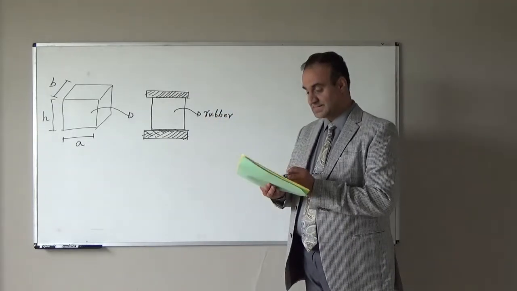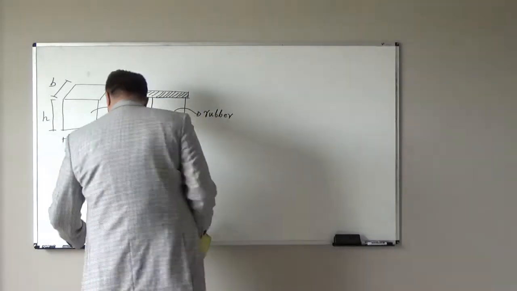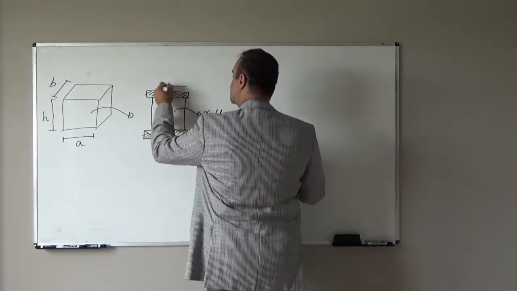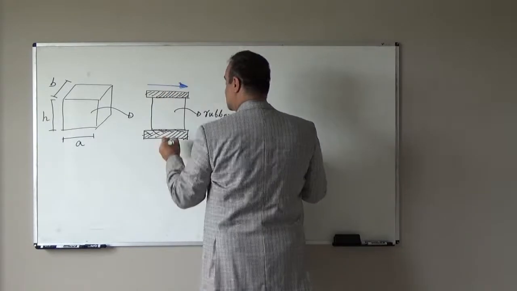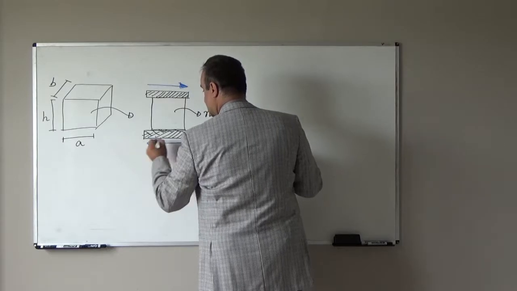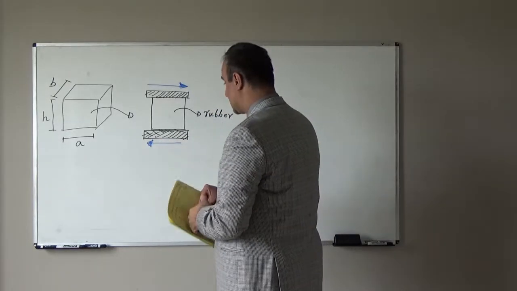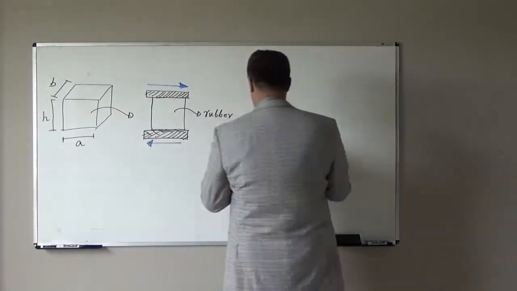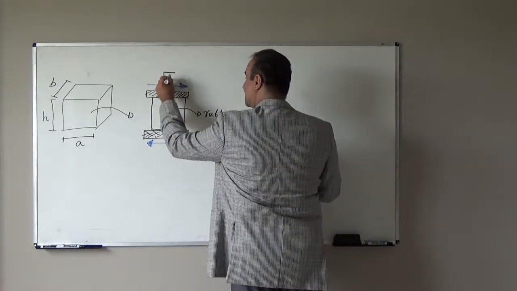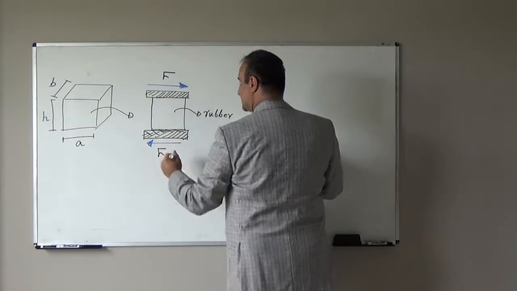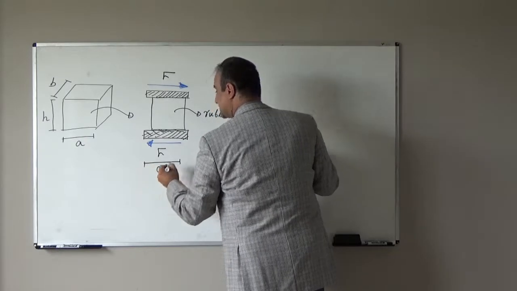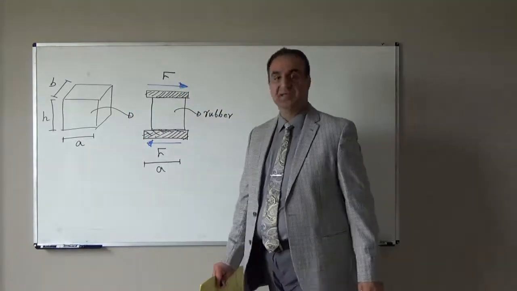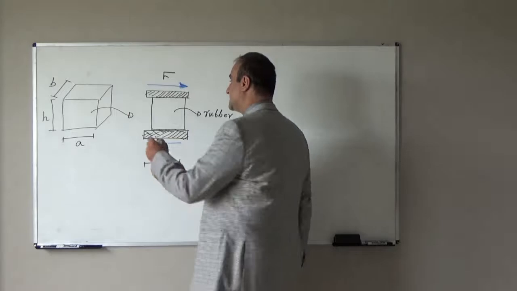If we make this system and then apply a force like this, one force in this direction and another force in the opposite direction, it is a couple force, equal in magnitude and opposite in direction. The magnitude is F. The block is rectangular, the side perpendicular to the board is B, the length is A, and the height is H.